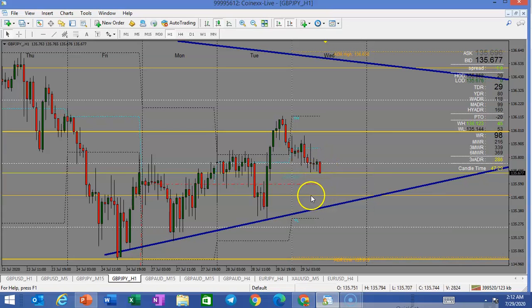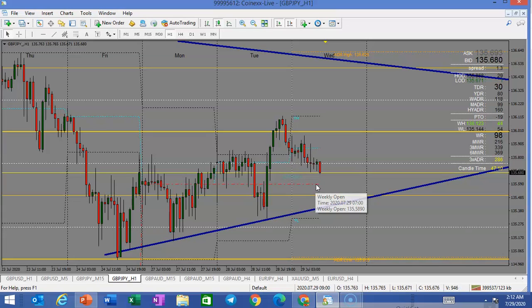So what's happening right now is price is going to rally down to what I believe is this institutional level of 135. Around this zone, this red tracer also indicates the weekly open.